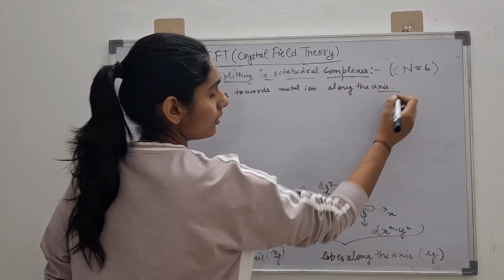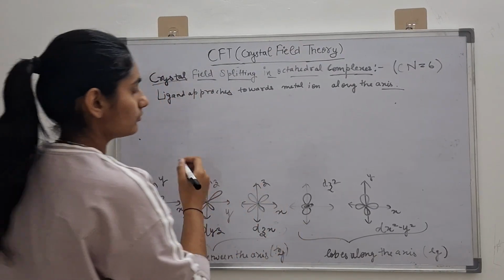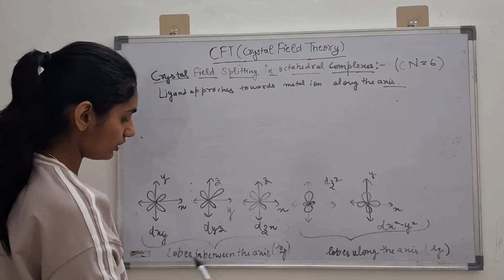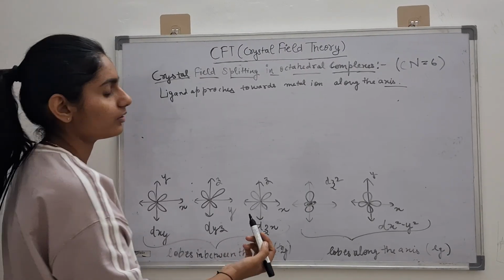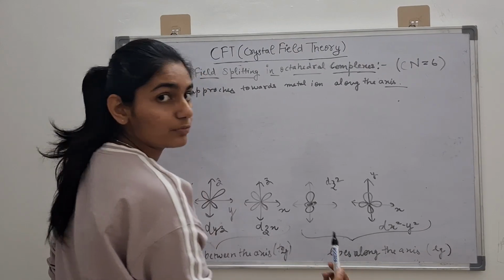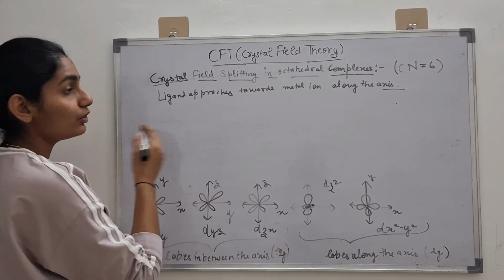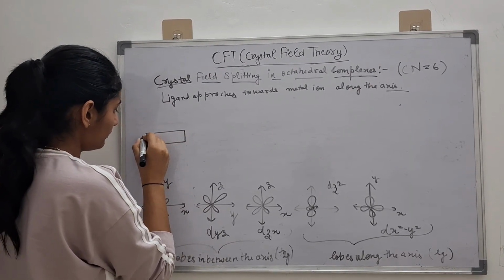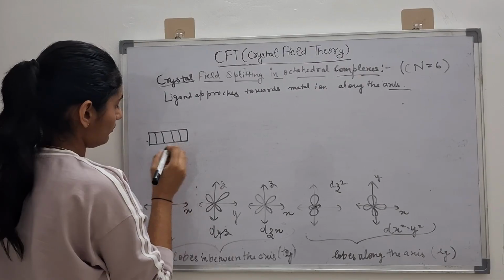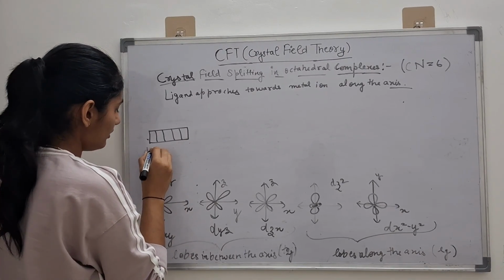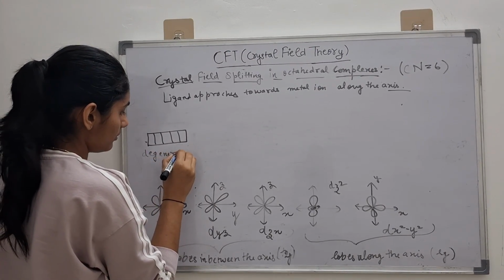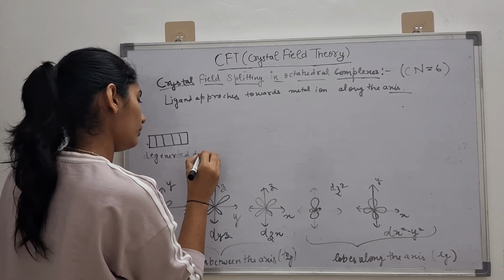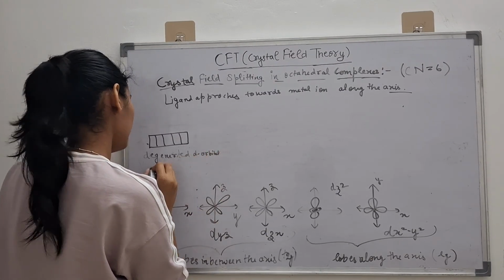Along the axis means these two orbitals have their lobes along the axis, and these three orbitals have their lobes in between the axes. This means these orbitals will experience more repulsion than these orbitals, which I explain in this part. This is the degenerated d orbital of the free metal ion.